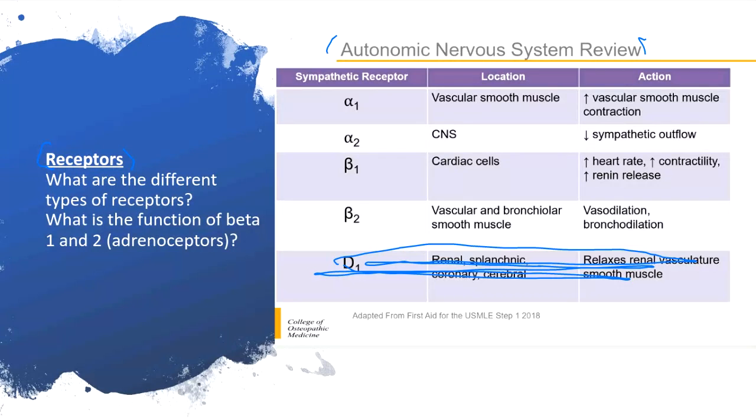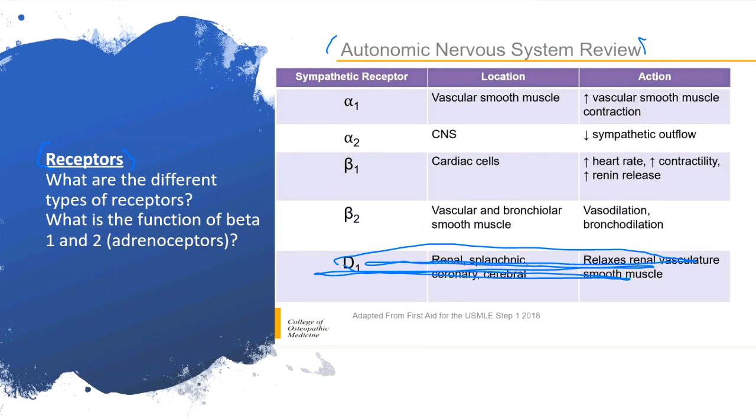The first, alpha 1 receptor, is located in the vascular smooth muscle, and if those are activated, you increase contraction of the smooth muscles. Okay? Next, we have alpha 2 receptors, located in the central nervous system, and they decrease sympathetic outflow.